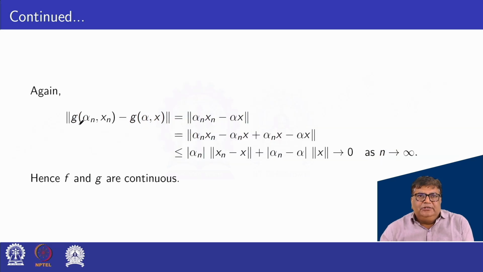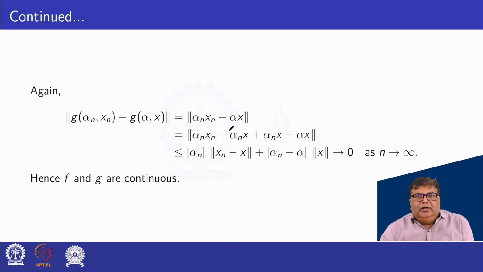So norm of g of alpha n, xn minus g of alpha, x can be written as norm of alpha n xn minus alpha x. This term can be written as alpha n xn minus alpha n x plus alpha n x minus alpha x. We have added and subtracted alpha n x.